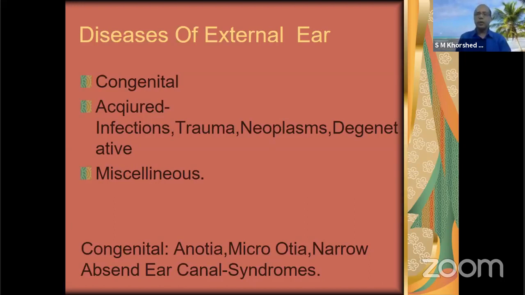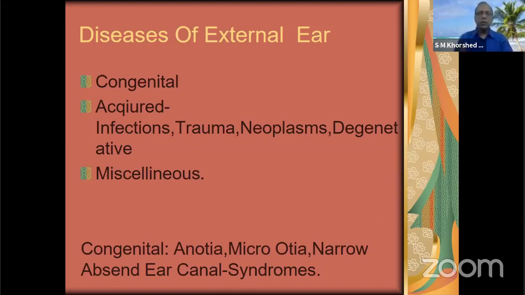And there are some syndromic diseases where the external ear canal or pinna is absent and associated with some syndromes, like absence of other organs in the maxillary cavity as well as in the mandible, the regions affected by the development of the branchial arches, branchial pouches, the branchial apparatus. Branchial arches, branchial pouches, and branchial clefts are the three important structures from which the head and neck develop.